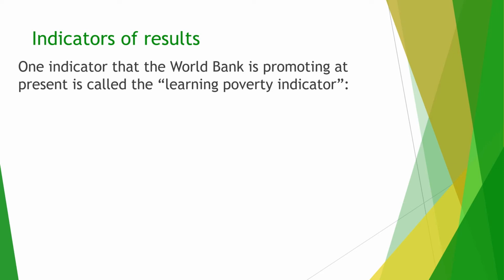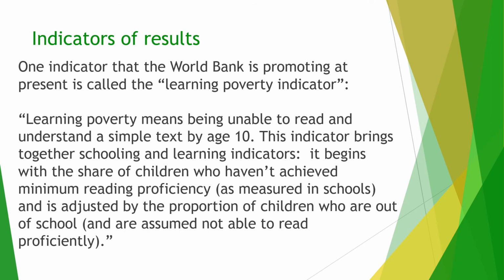At the moment, the World Bank is focusing much on what they call a learning poverty indicator, and I give a brief description here taken from a World Bank publication of what that actually means. Learning poverty means being unable to read and understand a simple text by age 10.